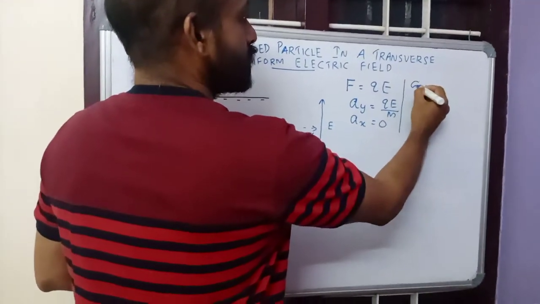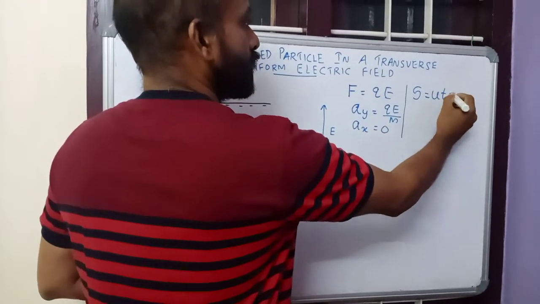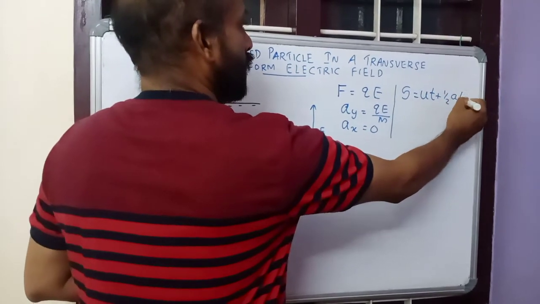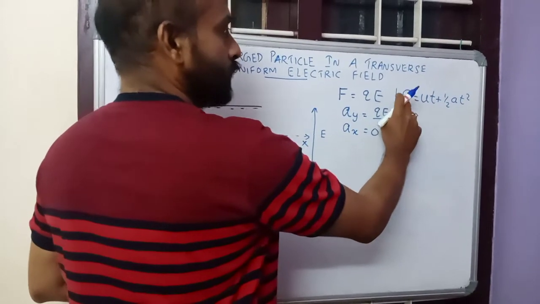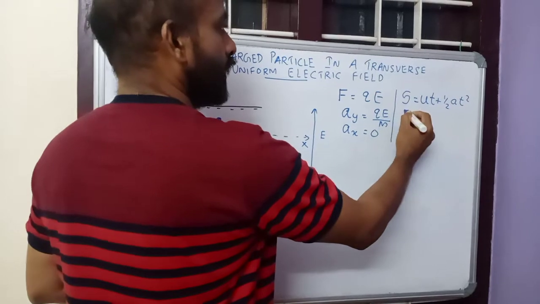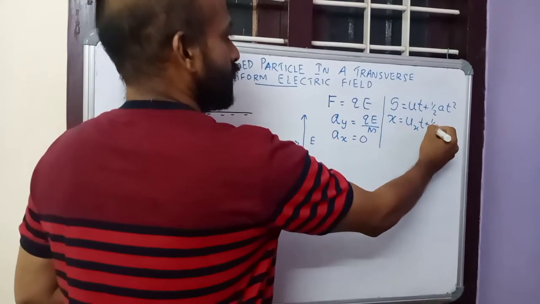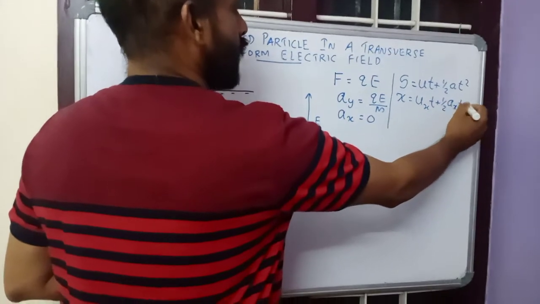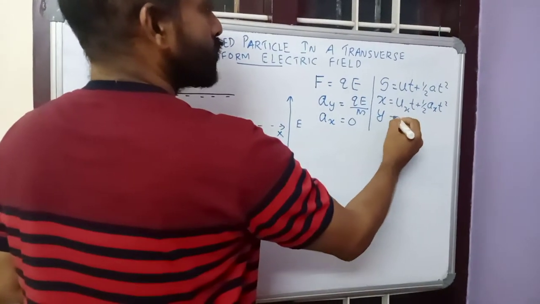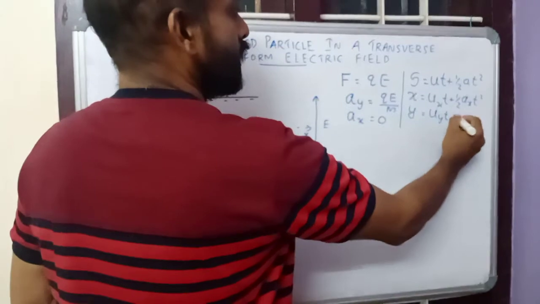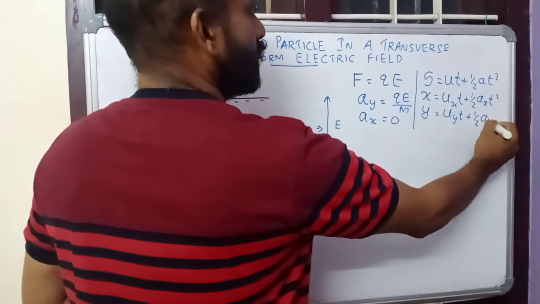We have learned the equation of motion s is equal to ut plus half a t square. Now in terms of components, x is equal to uxt plus half ax t square. Similarly, y position is equal to uyt plus half ay t square.